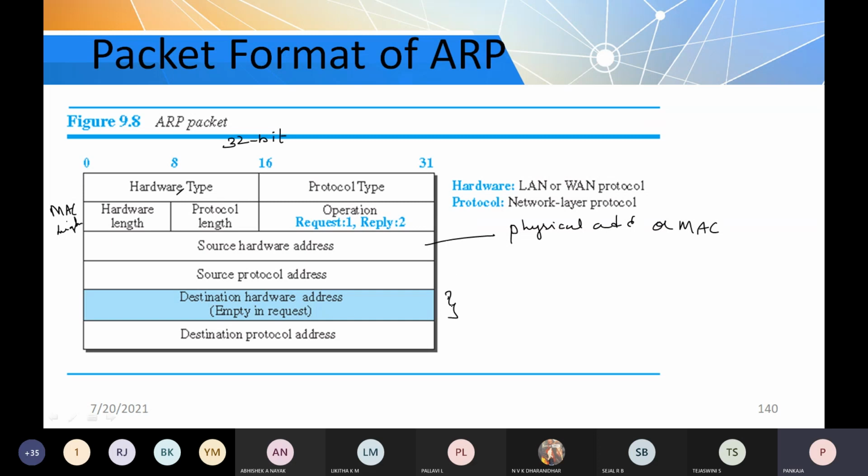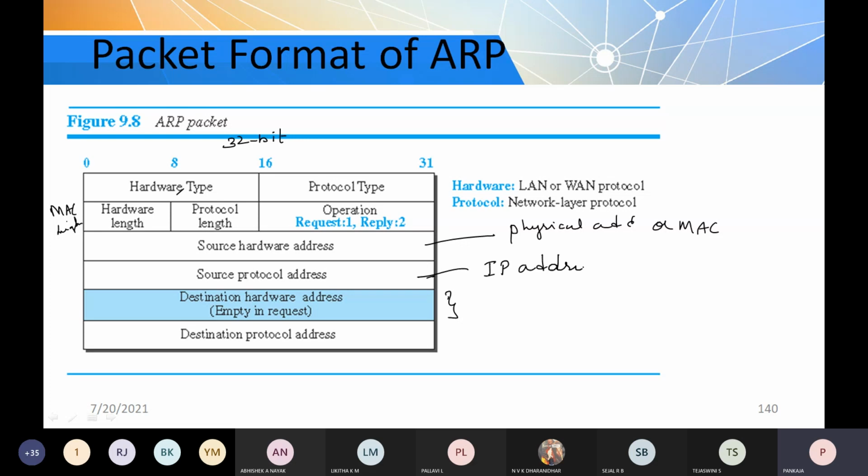This is a question mark, because this device doesn't know the destination hardware address. That is what this message has to identify. Then followed by the destination protocol address. Your protocol address is nothing but the IP address.